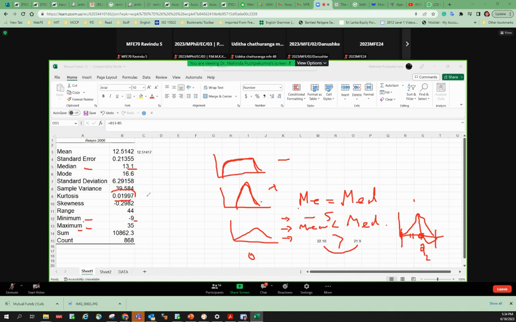Here the value is actually near to 1, but if you take one decimal place, it is 0. Then if you take 2, it is 0.2 plus value. That means it is slightly peak distribution. But if you take one decimal place, it is 0, which indicates that the distribution is normal distribution.